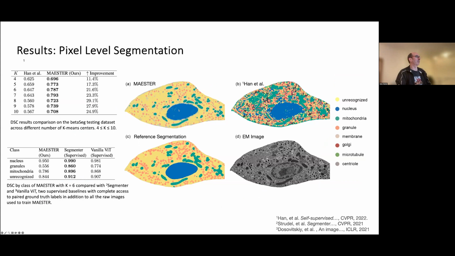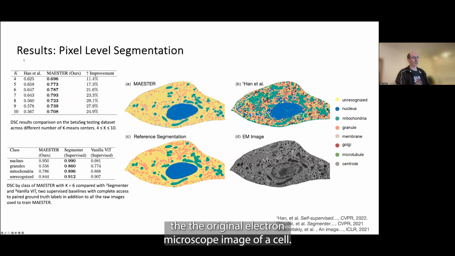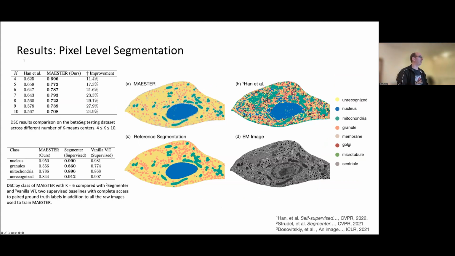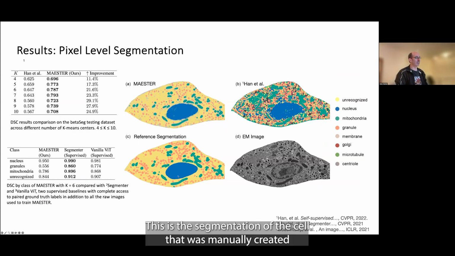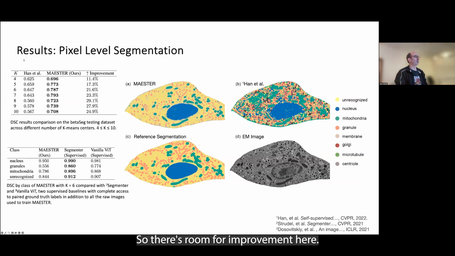Here is the original electron microscope image of a cell. This is just a test data set that's available in the community to develop methods on. This is the segmentation of this cell that was manually created, and this is what our method does. It's pretty good. There's a lot of fuzziness and it's not always perfect, so there's room for improvement here.